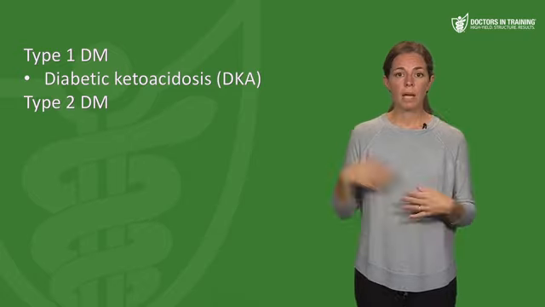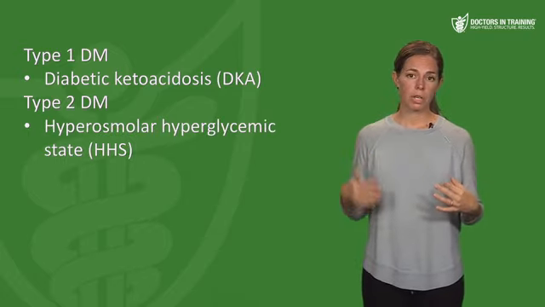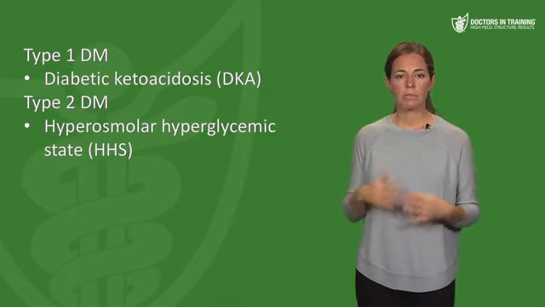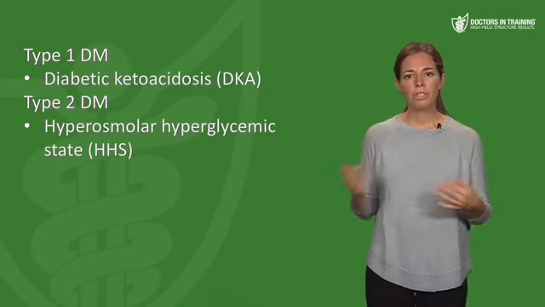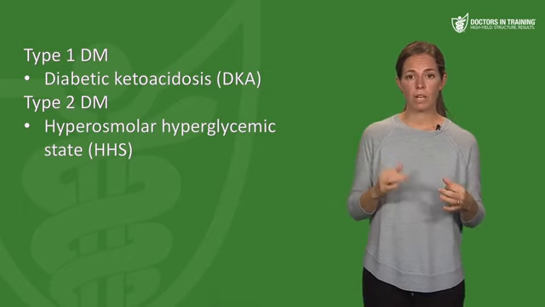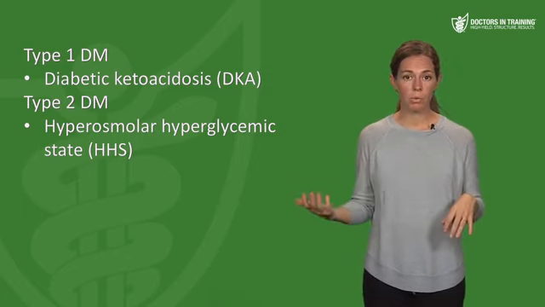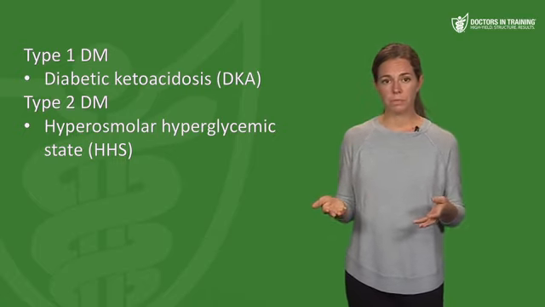And most of the time in type 2 diabetes, the hyperglycemic emergency is hyperosmolar hyperglycemic state, or HHS. This goes by lots of complicated names like hyperosmolar non-ketotic state or hyperosmolar coma, but both DKA and HHS are very severe, dangerous complications of diabetes, and sometimes patients with no history of diabetes whatsoever can present with one of these. So DKA or HHS may be the first presentation.